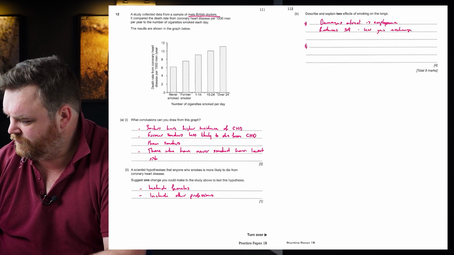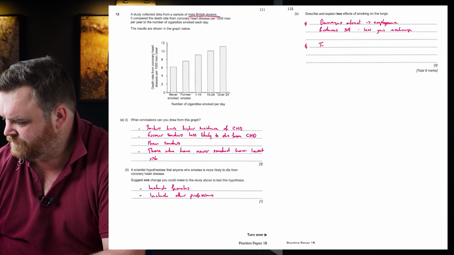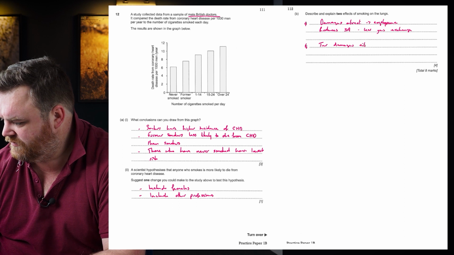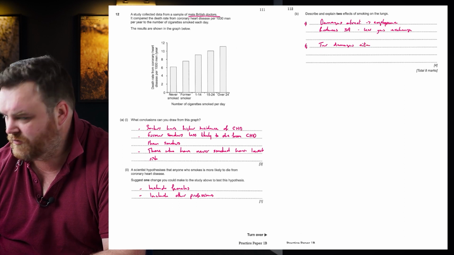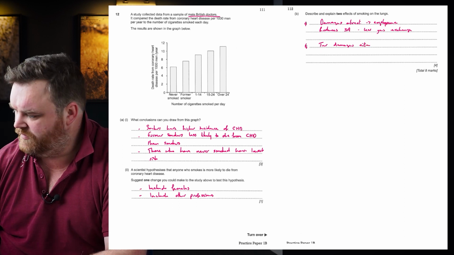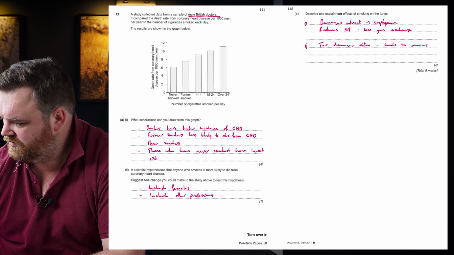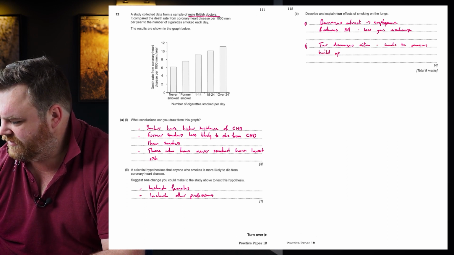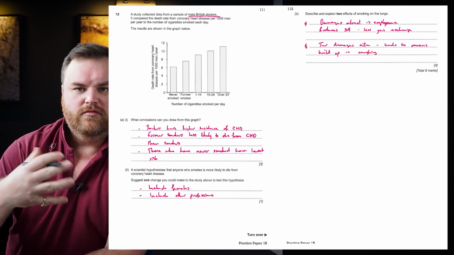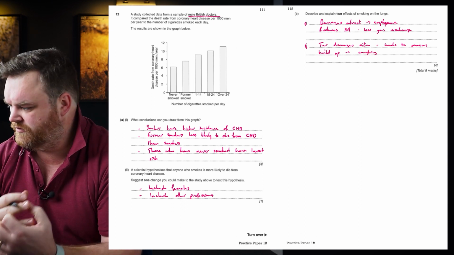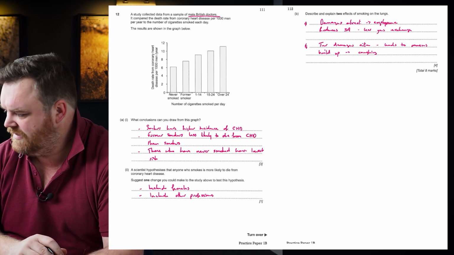My next one, we'll go with tar. So tar damages the cilia. That will lead to a mucus buildup because the cilia are responsible for removing the mucus. And that will then lead to coughing because you need to cough then to remove the mucus that you can't remove naturally through the cilia beating.